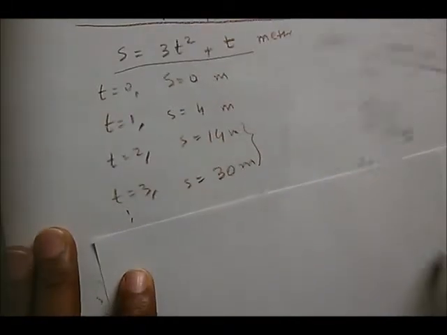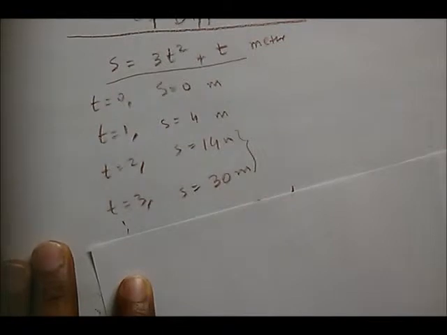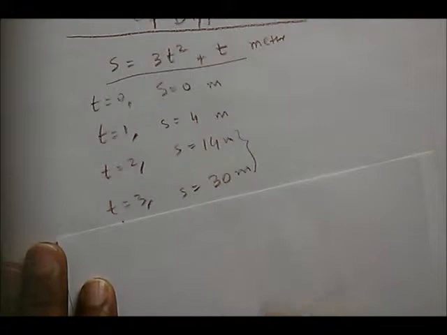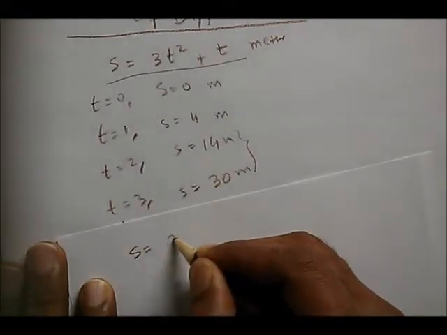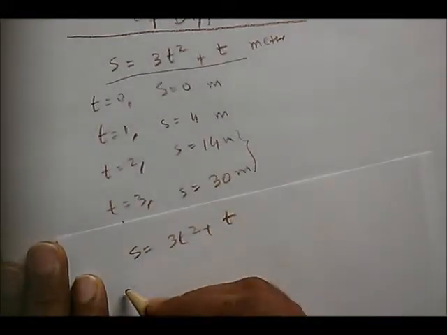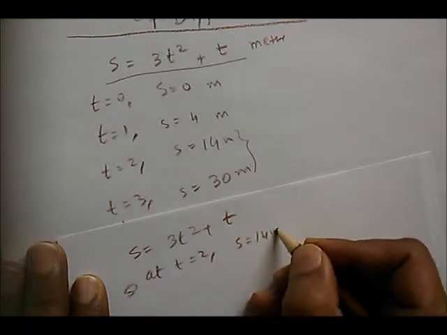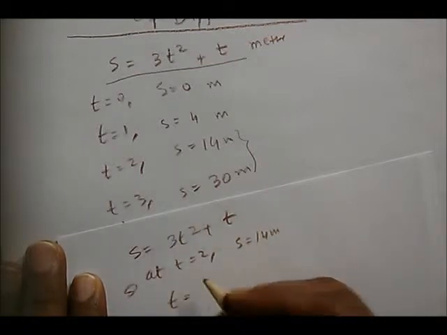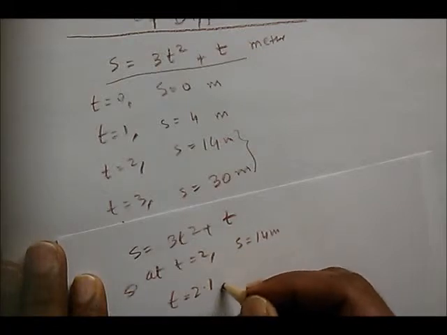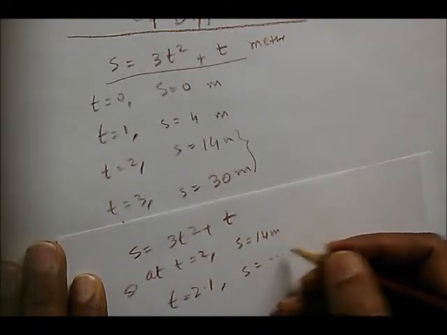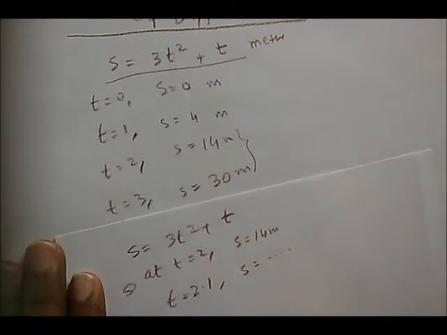Now let's say we do not know the formula of differentiation and all these things. We could also have done it like this. We know that s is equal to 3t squared plus t. We could find the distance at t equal to 2. We have already seen that it's 14 meters. What we could do is find the distance traveled at t equal to 2.1, something greater than 14 meters, and we can use a calculator to find it out.